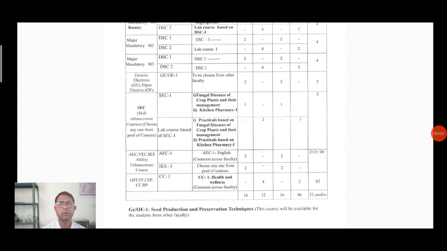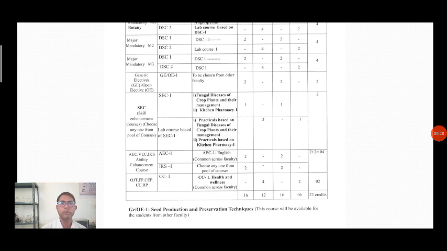And along with this, there is another common course, the compulsory common course, or common across the faculty course, that we call the CC course. The CC included in this syllabus is health and wellness. This health and wellness has 4 credits. It is a practical paper with 2 credits in total.